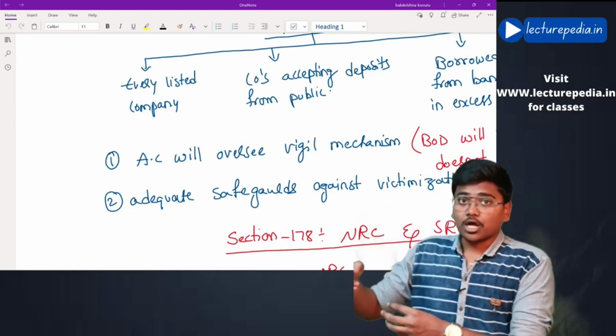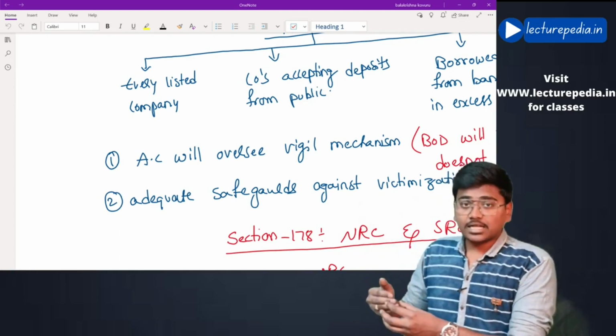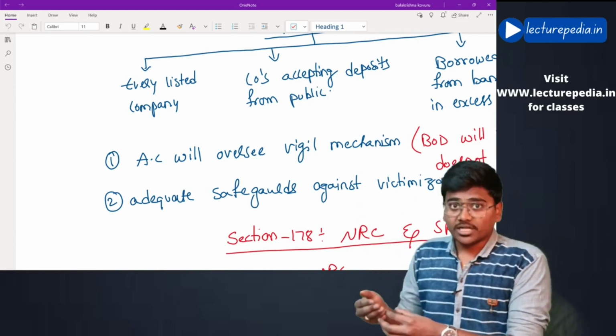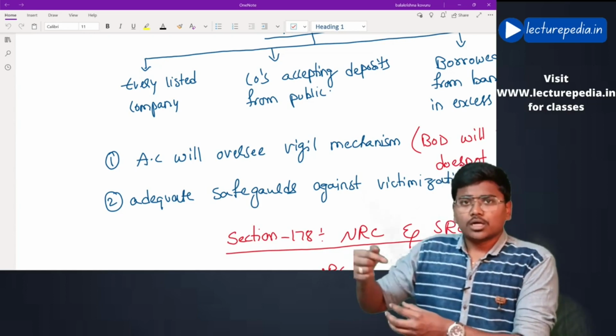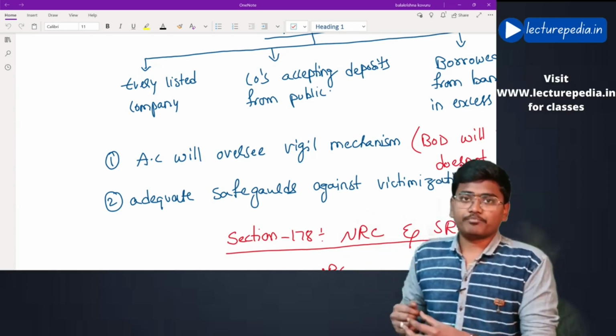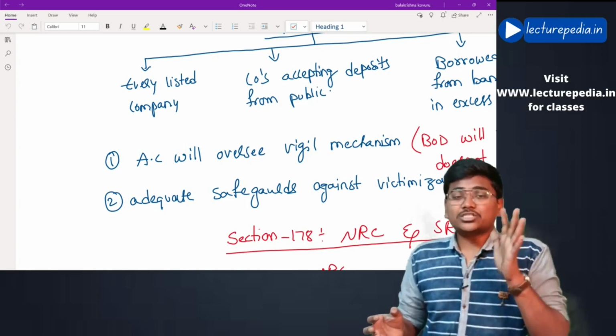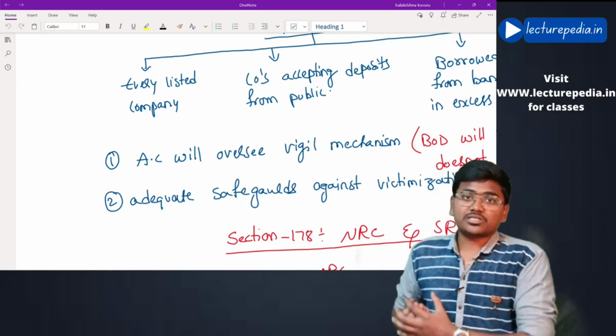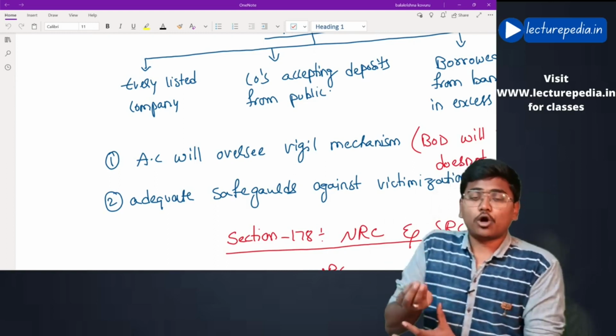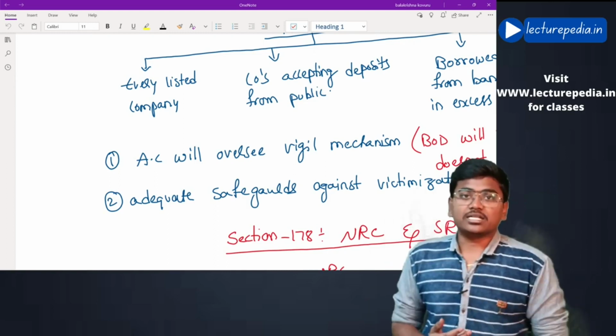The other person on whom this director or employee has reported might cause some harm to this person. So the whistle mechanism should provide adequate safeguards to protect this person who has reported to the audit committee. Hope that is clear.